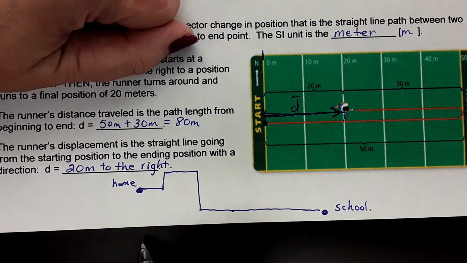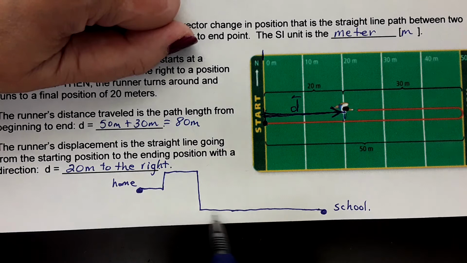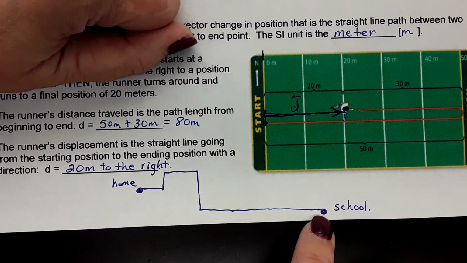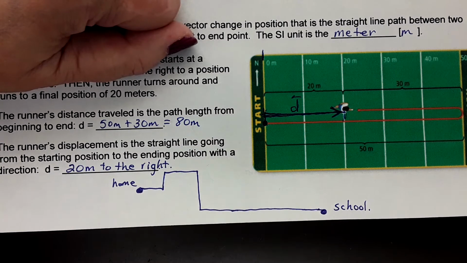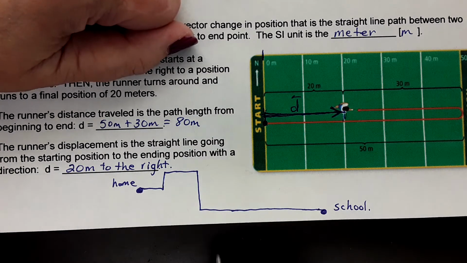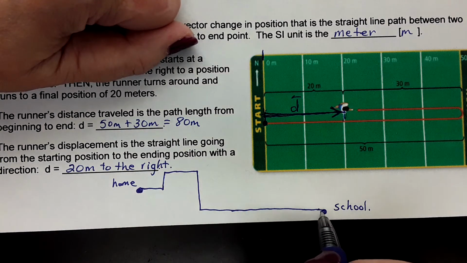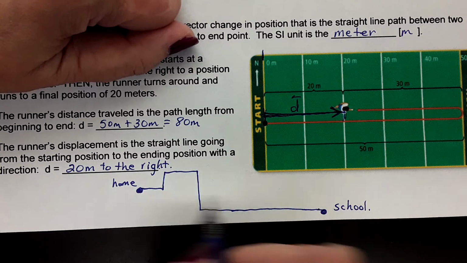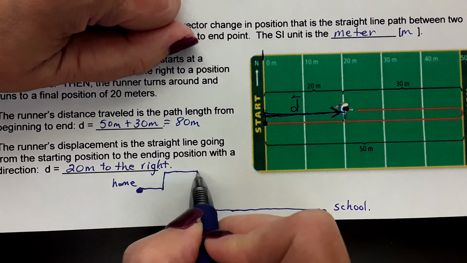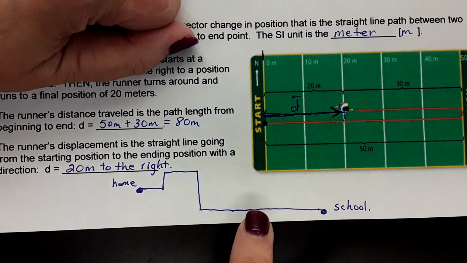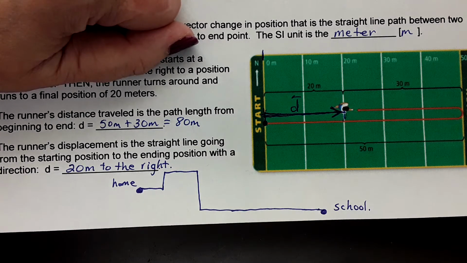The point is, this is the path you follow with your car because there's no road that goes straight from home to school. So you have to follow the road, and sometimes the road is not perfectly straight, is it? So the distance you travel is all of these little distances add up, okay? You just add this one and this one and this one and this one and this one, and you get the total path length or the distance you traveled to school.